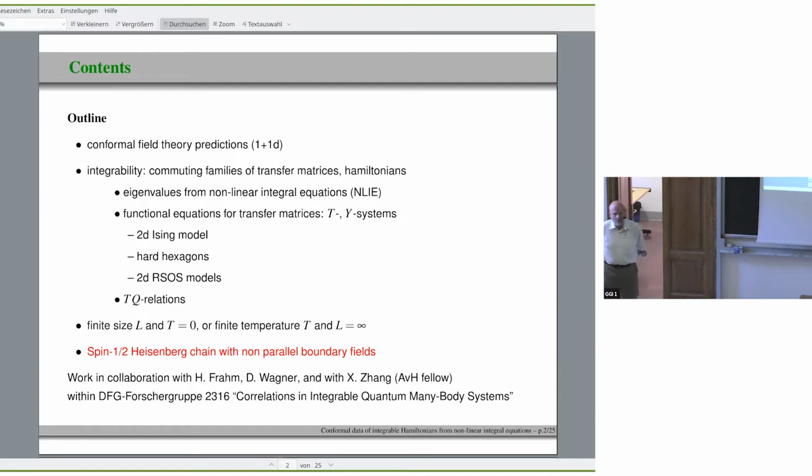In my view, the final goal of today's talk is to deal with finite size data, often of the spin 1/2 Heisenberg chain with integrable boundary conditions that defy the application of the usual techniques for calculating finite size data, and facing problems with Bethe ansatz structures, even when not having to deal with strings.